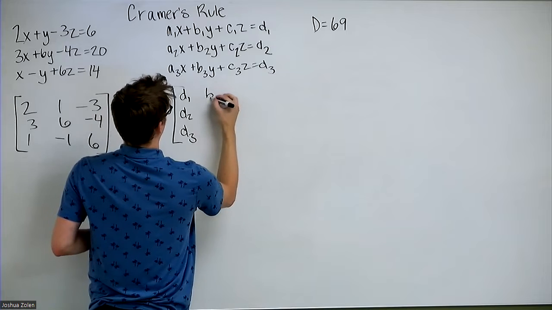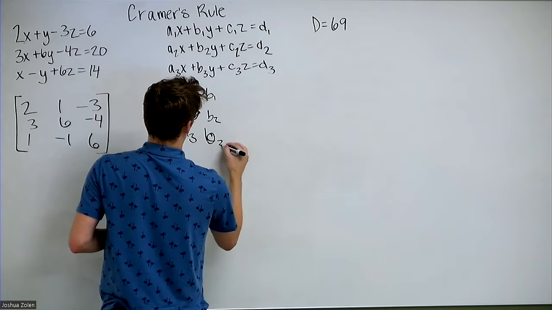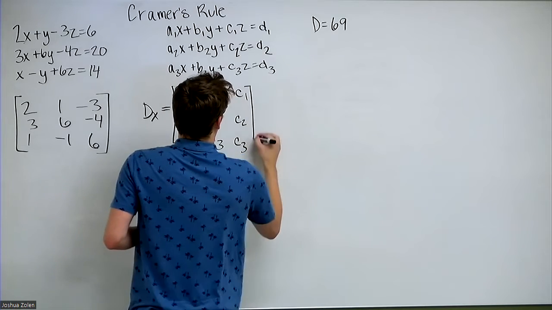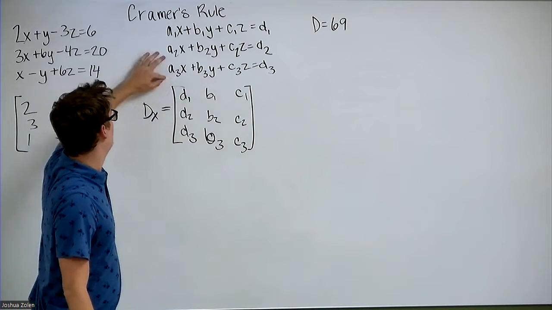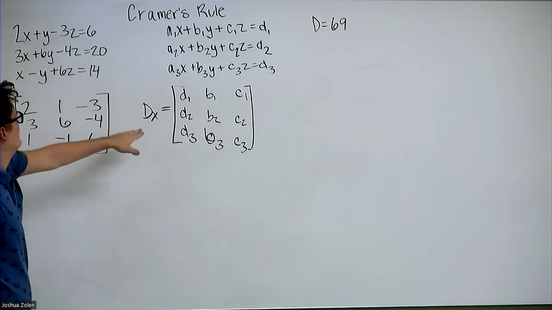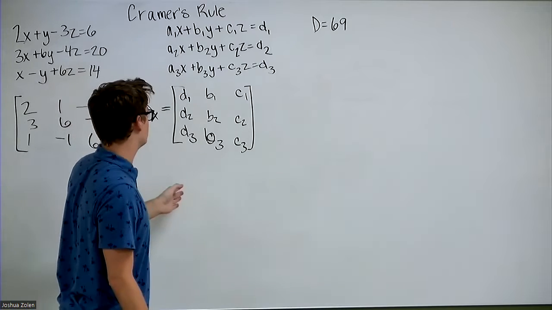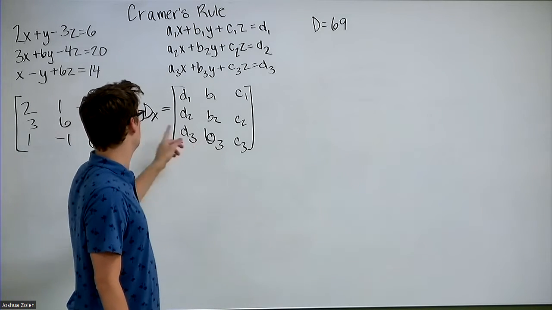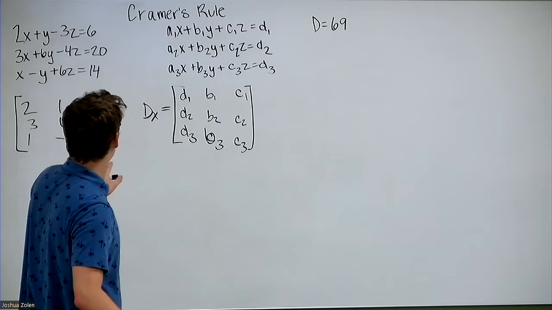And then these 2 other columns are going to be the same. Now, the reason why we're switching out the first column is because the first column are the coefficients for the x variable. Since we're doing the determinant of x, we're going to switch out that first column. When we do the determinant of y, we're going to switch out the second column. And when we do the determinant of z, we're going to switch out the third column. But for now, this is what we're going to work with.